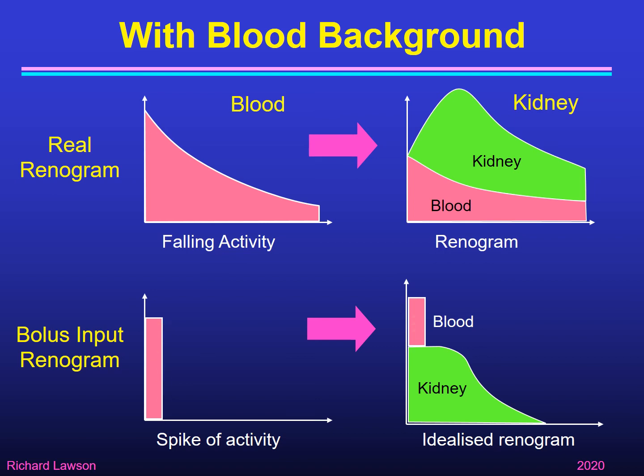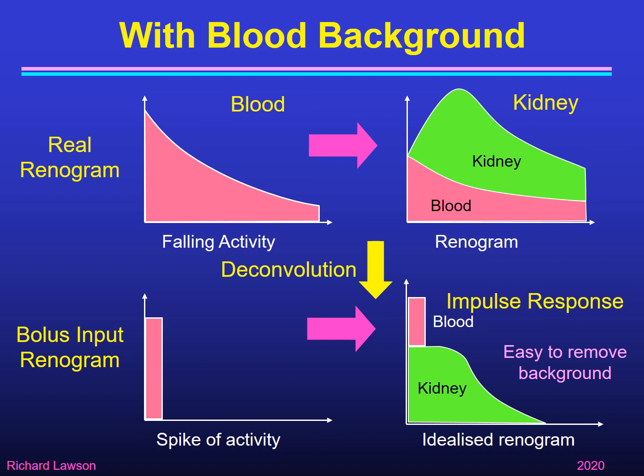So we get something like this. So we still get the same shape for the kidney response, but we get this little bit sitting on the top. So deconvolution can still predict this idealized renogram, but it's now easy to remove the background, because if we can find the plateau here and chop that off, we can just throw away the background, which is all concentrated as a spike at the beginning. So not only can deconvolution give us the impulse response and calculate the mean transit time, it also turns out it's a way of removing blood background.